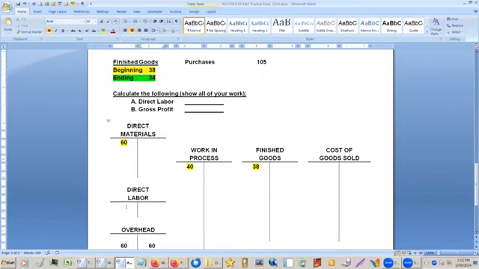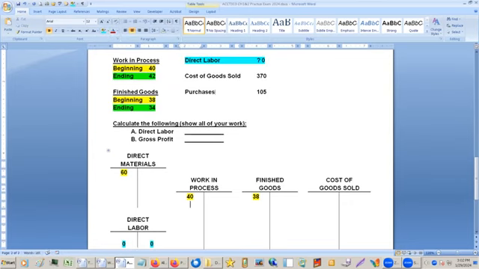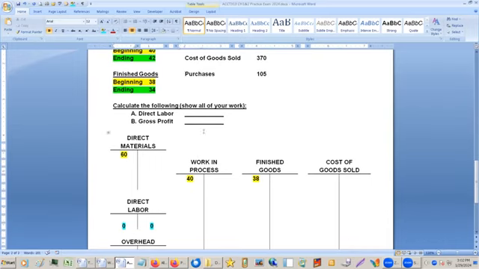Direct labor, we don't know. But we do know when we figure it out, it'll be off by exactly what that should have been. Okay, purchases is 105.